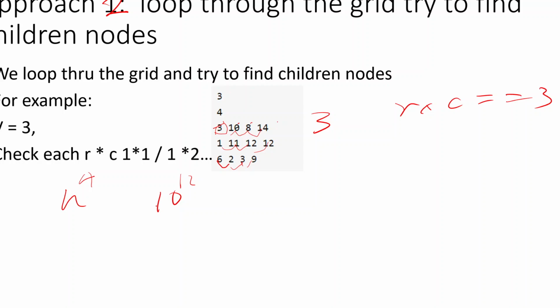So the enhancement we can make to this approach is to stop doing the repetitive work. Instead of going through every cell and checking the entire grid, we can do it just once, so we don't have to check it every time, and we store it in an adjacency list.